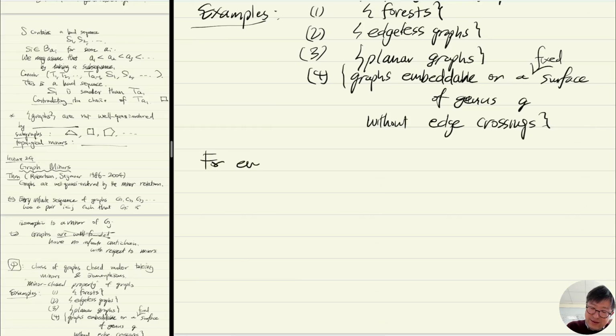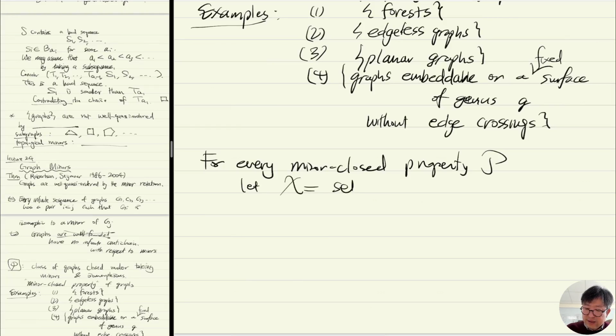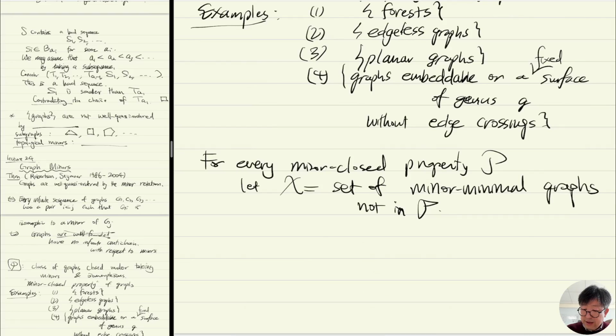For every minor-closed property P, let X be the set of minor-minimal graphs not in P, with the property that every graph in X is minimal.